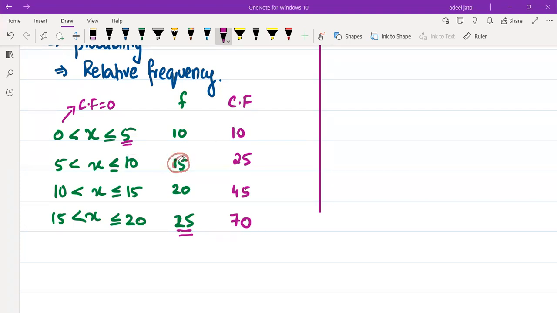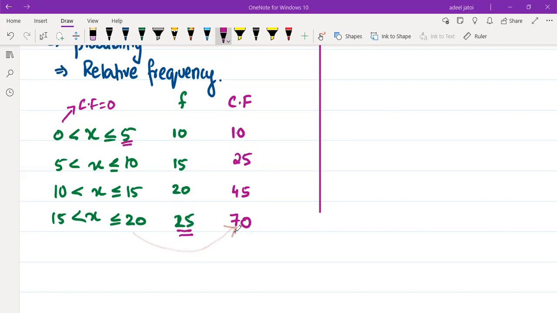So obviously you will add this 15 to the previous cumulative frequency. So 15 plus 10 is 25. Similarly, the next frequency is 20. You will add this to the previous cumulative frequency. So 20 plus 25 will give you 45. And then 25 added to 45 will give you 70 at the end of this.